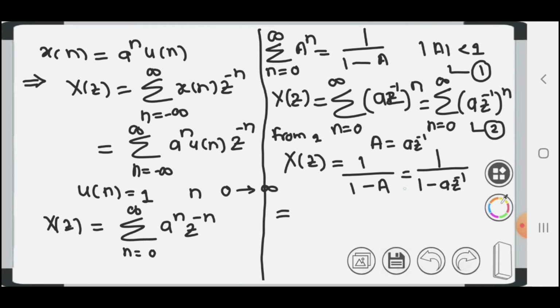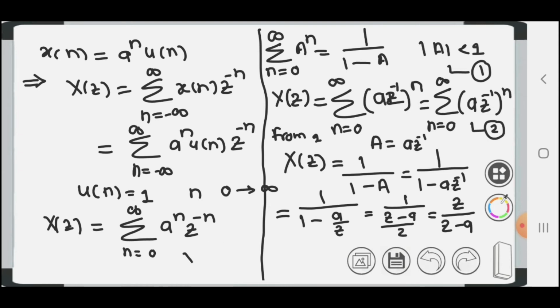So, you can make it like 1 upon 1 minus a upon z, so that 1 upon z minus a upon z, which is nothing but z upon z minus a. So, you are getting X of z as z upon z minus a.